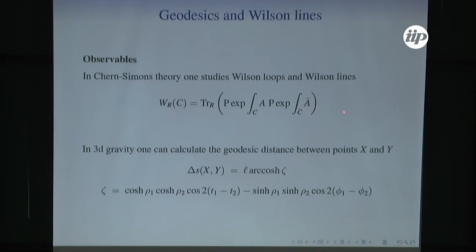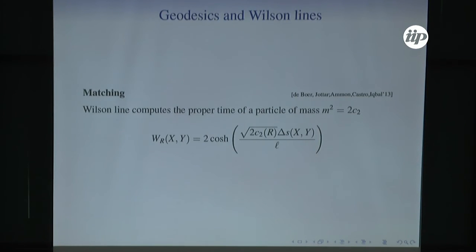You compute the P exponential of one connection over contour C, and another one over the same contour in the opposite direction, C bar. Again you need to take a trace in some representation. In gravity, you should compute the massive particle action. If you do this calculation, you will find that the Wilson line is exactly equal to the exponentiated length of the geodesic between 2 points x and y in the bulk.